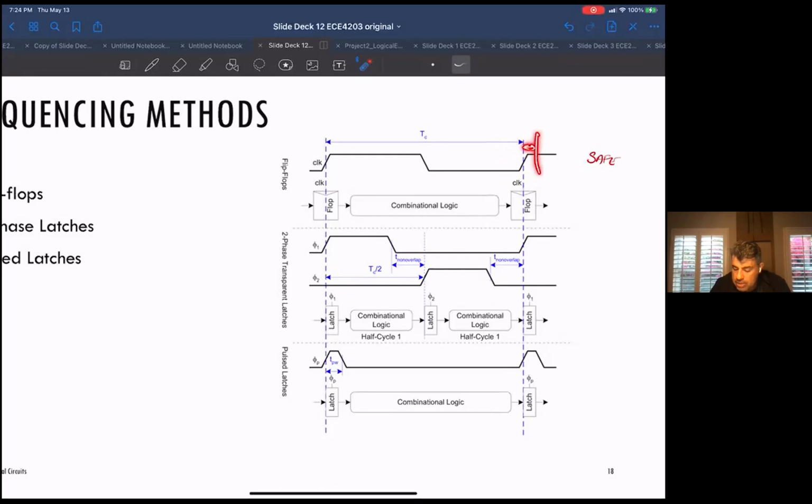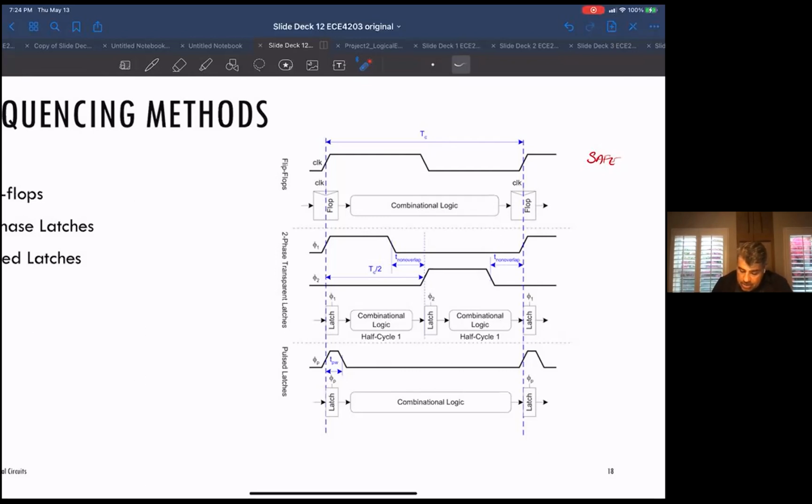You have setup time and hold time in all these circuits, flip-flops, latches, etc. Certainly for flip-flops. Okay, so that's a flip-flop, safest.